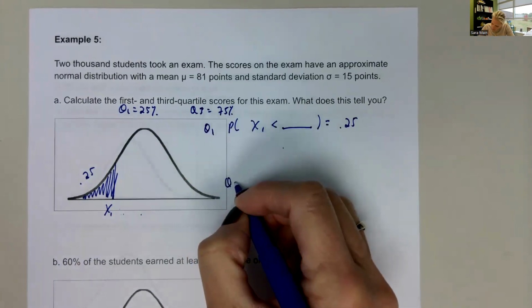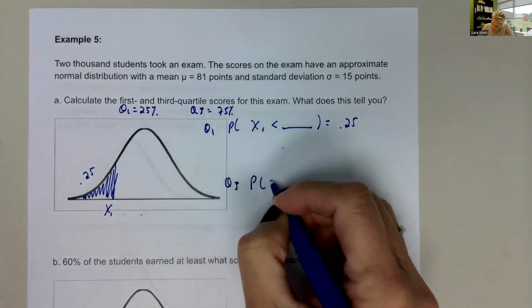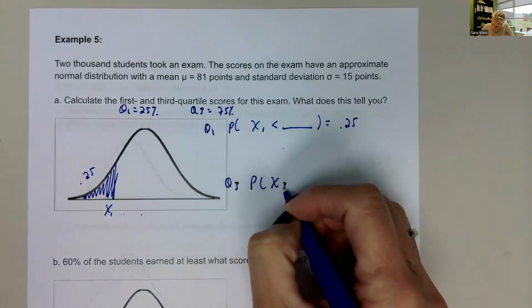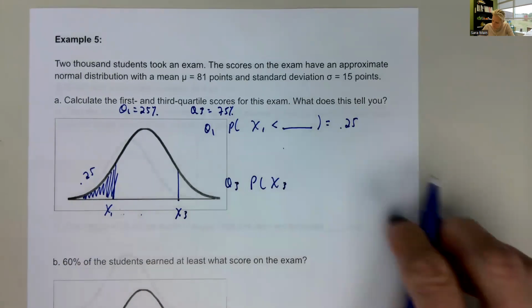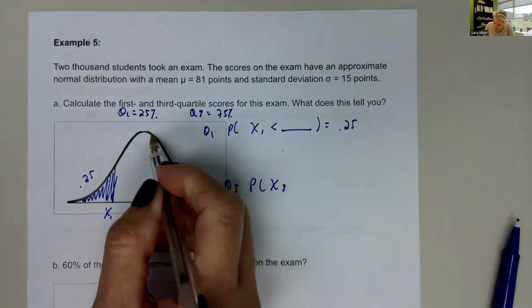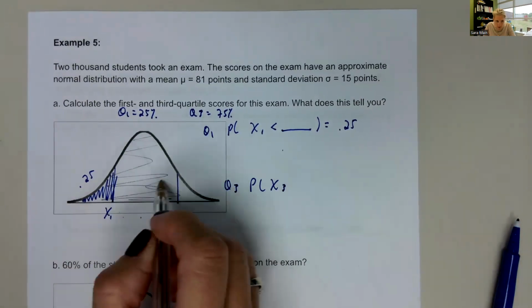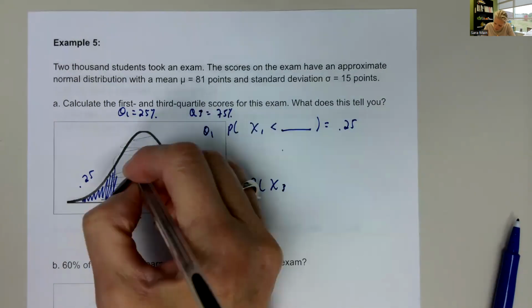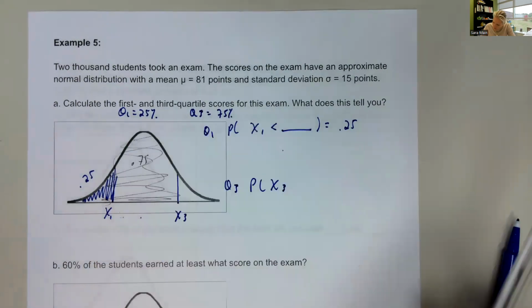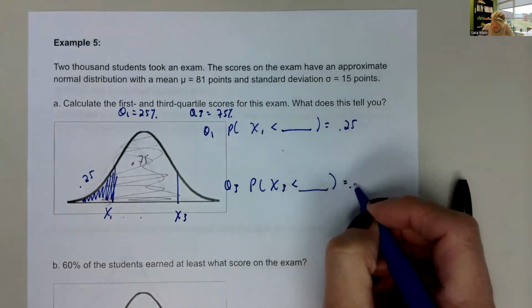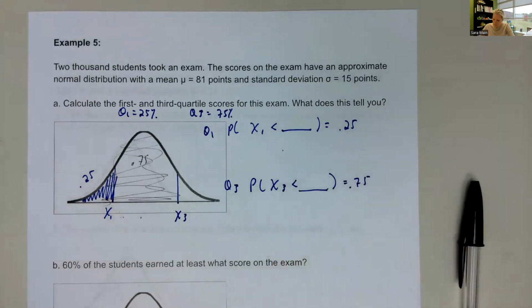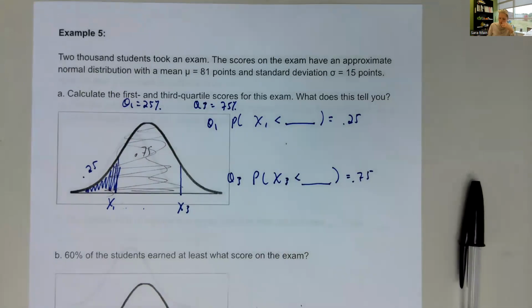And then for Q3, the probability that X3, we'll call this one X3, and we're going to just shade over that. That's all of this right here, right? Everything that's 0.75. So let's go to Desmos.